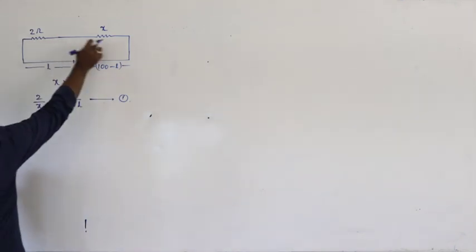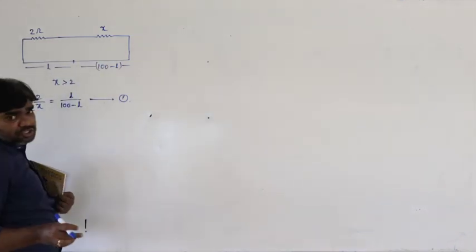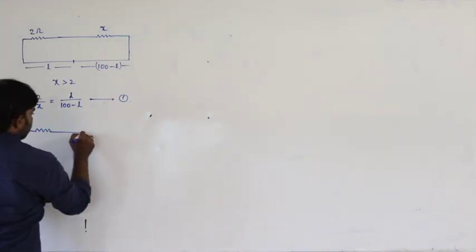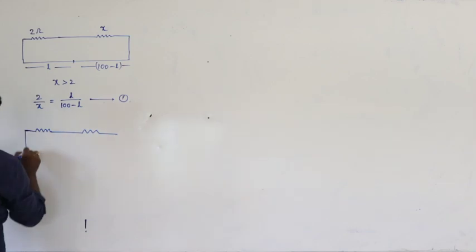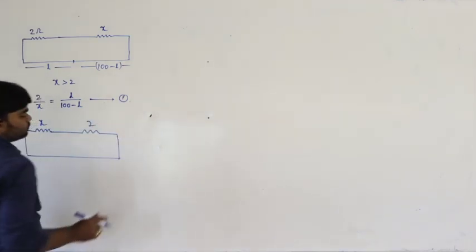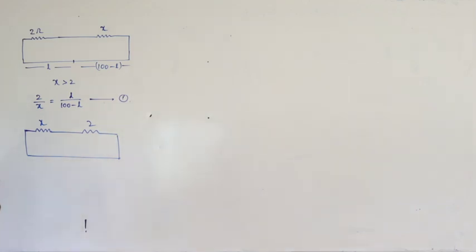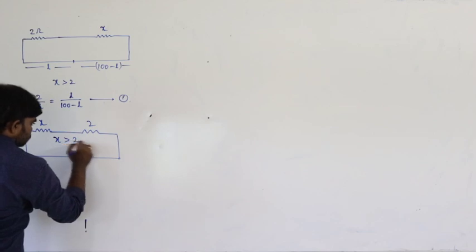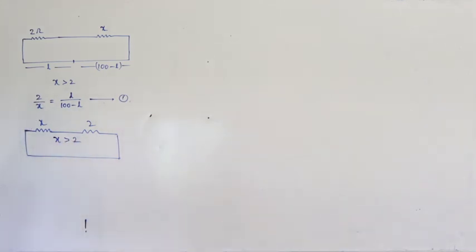So next, if these two resistances are interchanged, let us say like this, this is x and this is 2, and here given that x must be greater than 2. Now in this situation, the balancing length shifts by 20 centimeters.